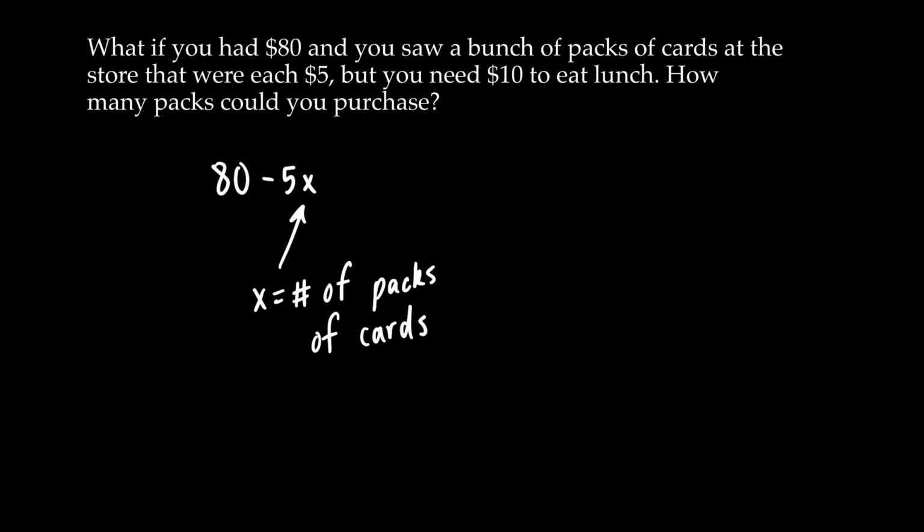For example, if you bought 3 packs of cards, you would put a 3 in here and do 80 minus 5 times 3, which is 15, so 80 minus 15 would be $65 left over. So this is a function which tells you how much money you have left.